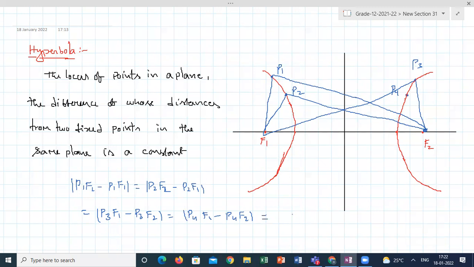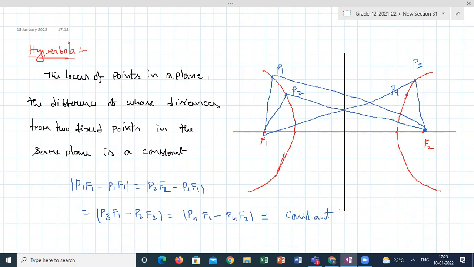Like that, how many points can I collect? For the collection of all these points, the difference of the distances from a point to two fixed points is always constant.